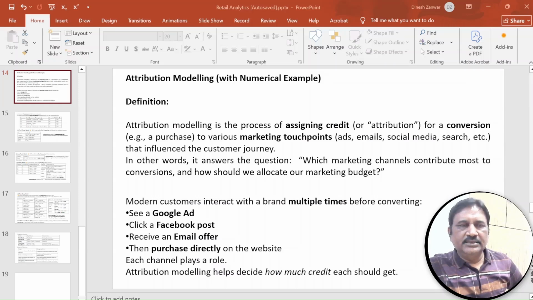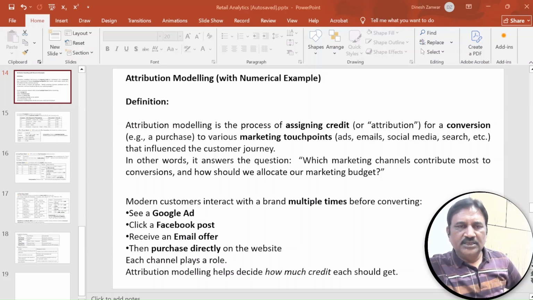Almost lastly, in this lecture series on retail analytics, we'll be seeing attribution modeling. Attribution modeling is the process of assigning credit or weight for the conversion. Conversion means converting the customer from wishing for a certain item to purchasing that item, to various marketing touch points like ads, email, social media, search, Google search that influence the customer's journey.